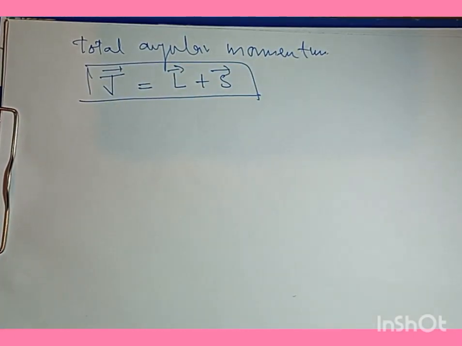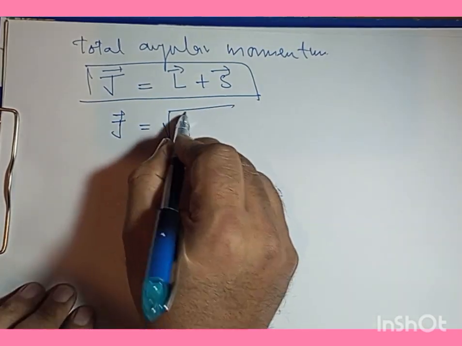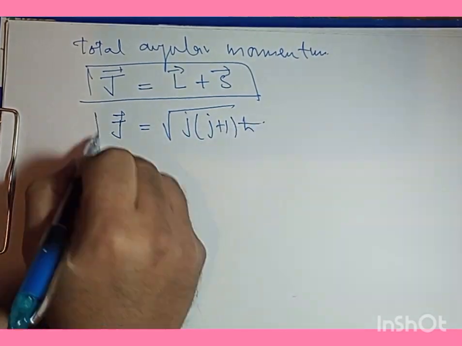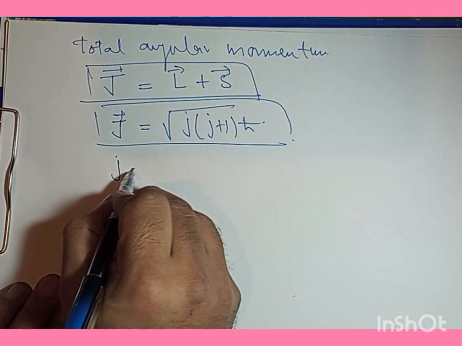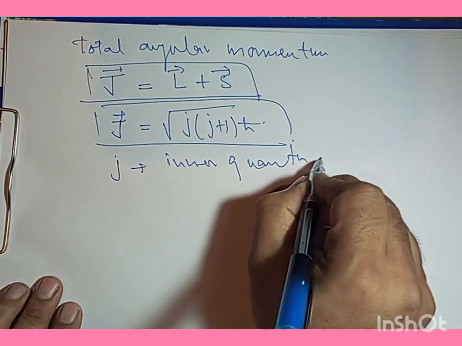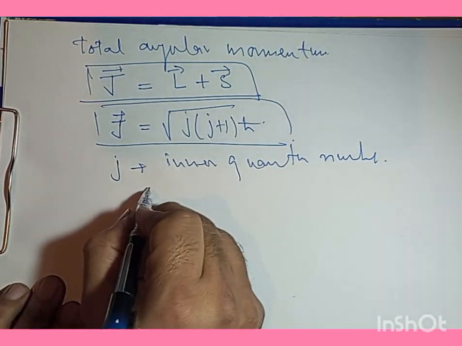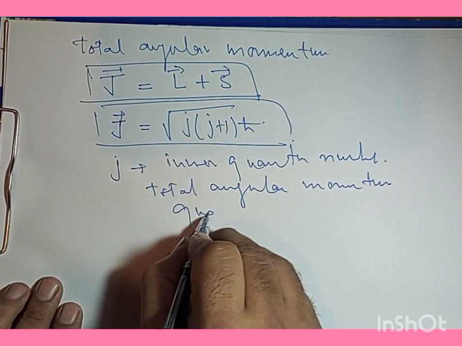So what we have here is spin orbit interaction, and this spin orbit interaction leads to the resultant total angular momentum, which, by analogy, can be written as under root of j times j plus 1 h bar, and this small j we call the inner quantum number, or also the total angular momentum quantum number.